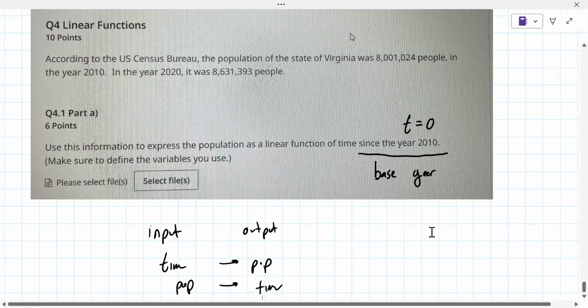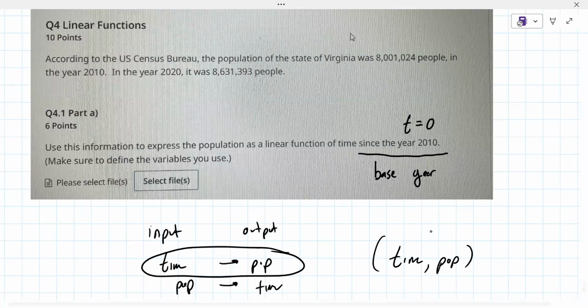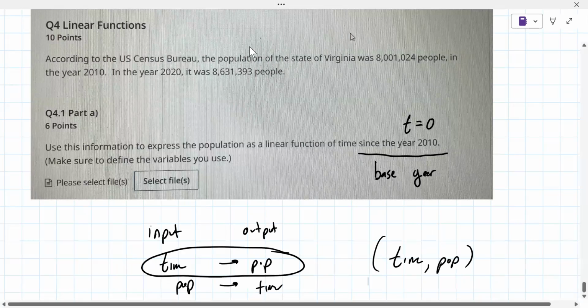Time to population. Yes. I used to write this because I really wanted to make sure I didn't mess it up when I wrote the ordered pairs. You put time and then the population, time, comma, population. So you have to come up with two ordered pairs from this. 2010 is year 0, 2020 is year 10.